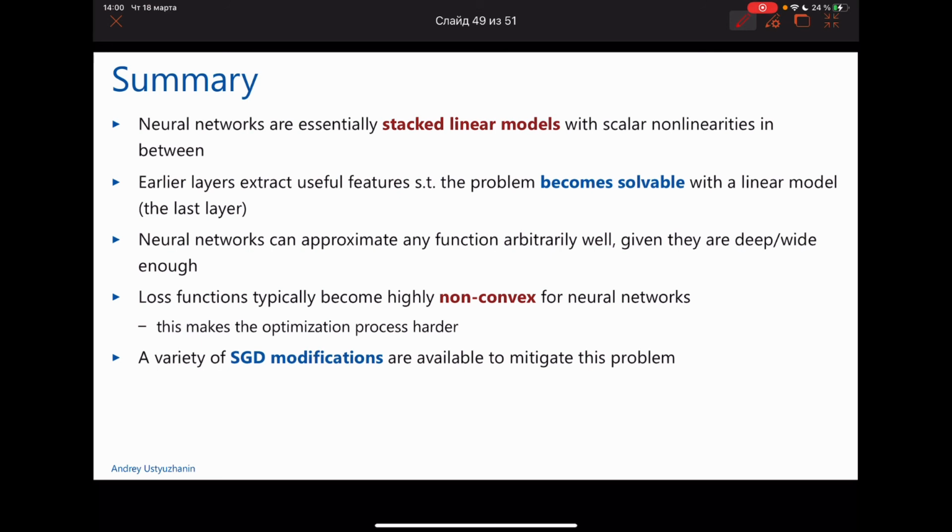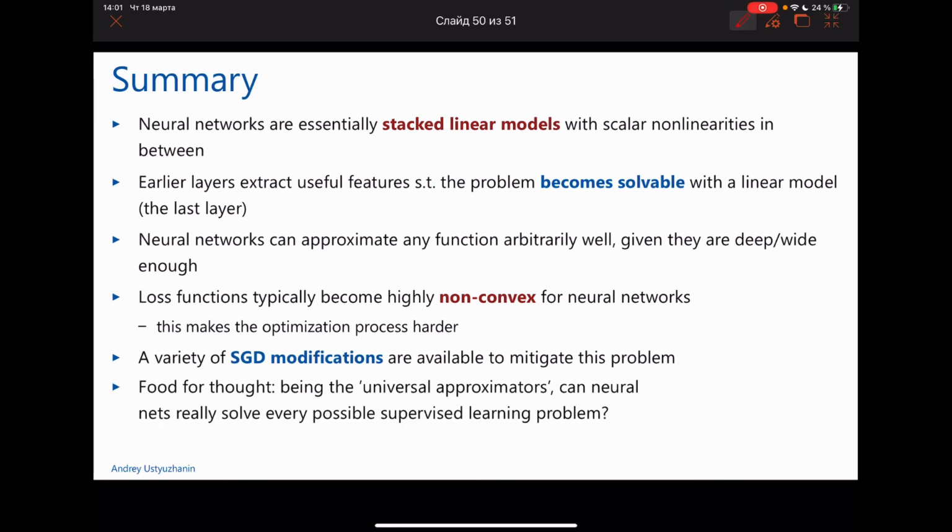And thanks to such a compound architecture, neural networks can approximate any function arbitrarily well, given that they are deep and wide enough, and we have enough data. The loss function in that case typically becomes highly non-convex, which makes the optimization procedure a bit harder than the optimization of simple logistic regression or linear models.